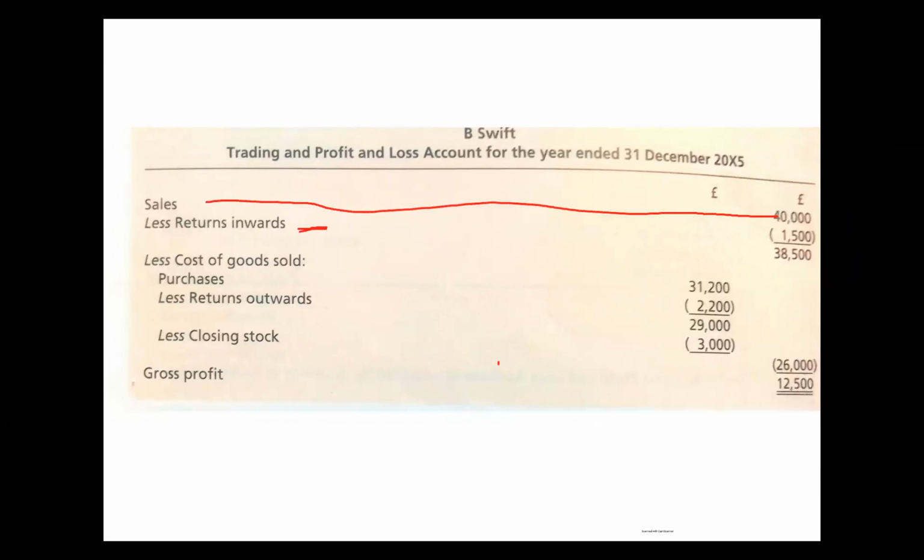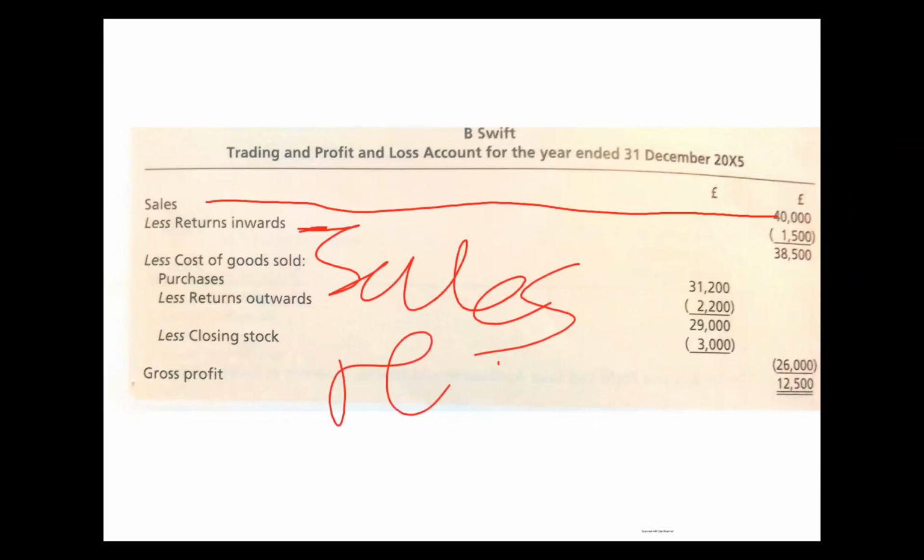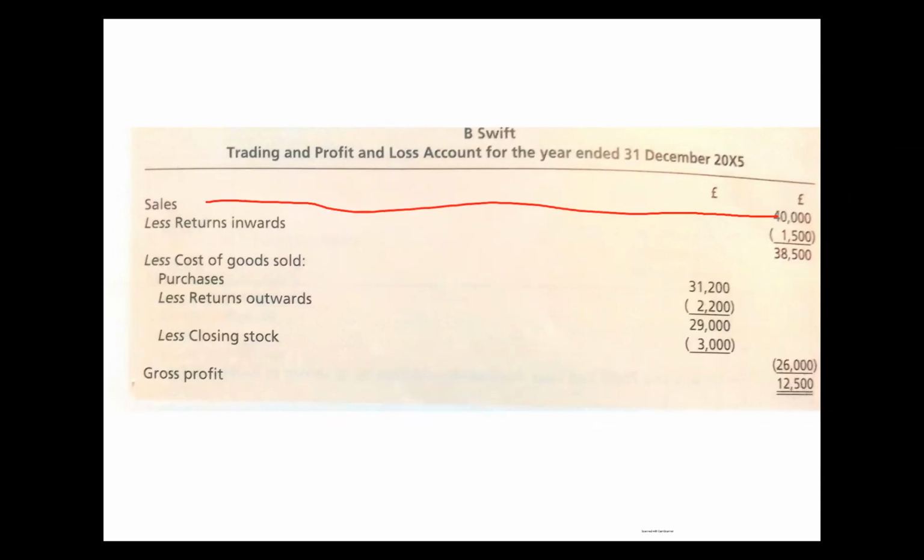The returns inward or sales return is just one and the same thing. So you need to remove them from the sales to make the net sales.